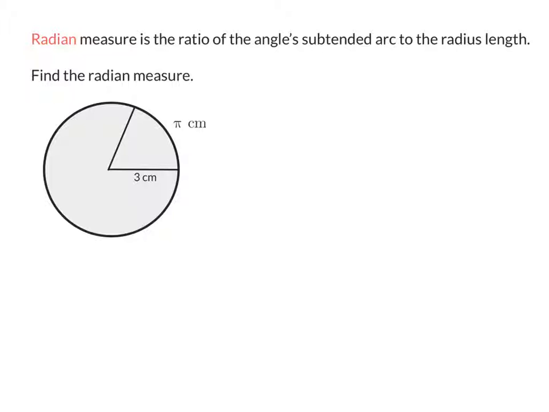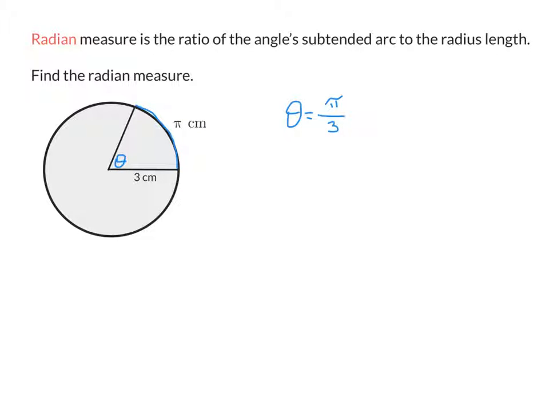So in the circle below, you're asked to find the radian measure, and all we need to do is take the arc length that was subtended here, which was pi, and we'll call the radians theta, and it'll be pi divided by the radius, which is 3. So this length right here is our theta, and that radian measure would be pi over 3 radians.